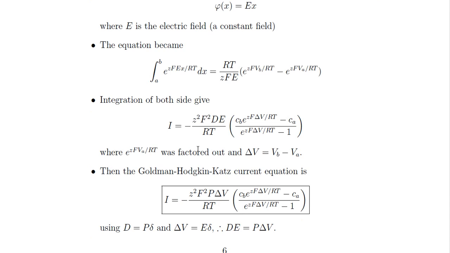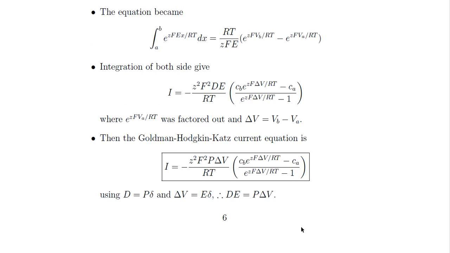So we have this current. The Goldman-Hodgkin-Katz GHK current equation can be written as this equation, with P delta V and so on.